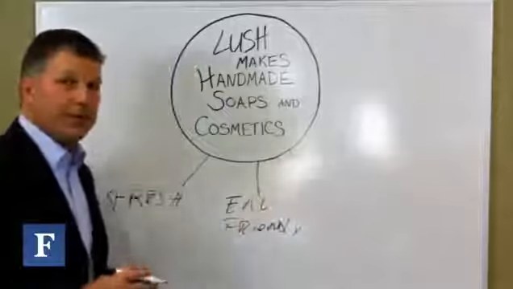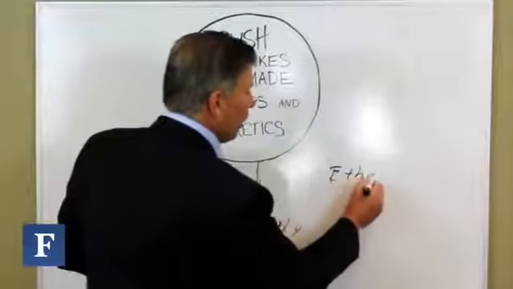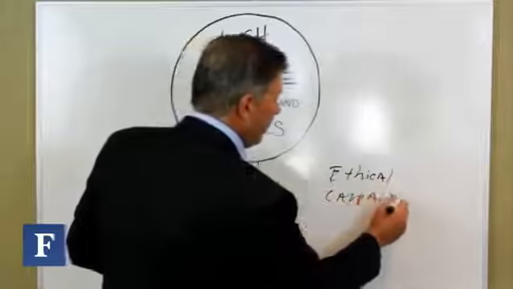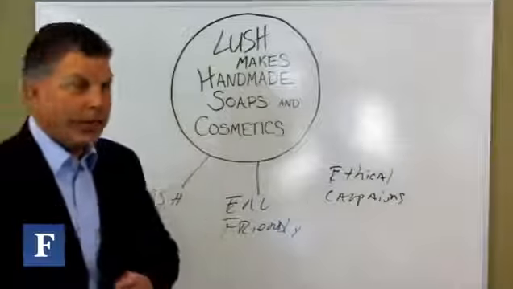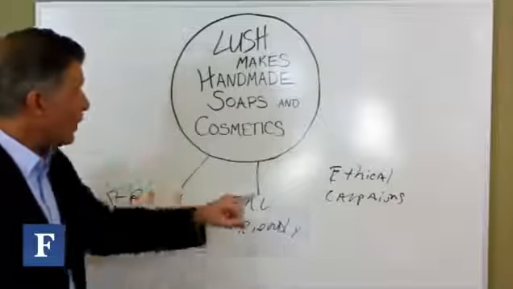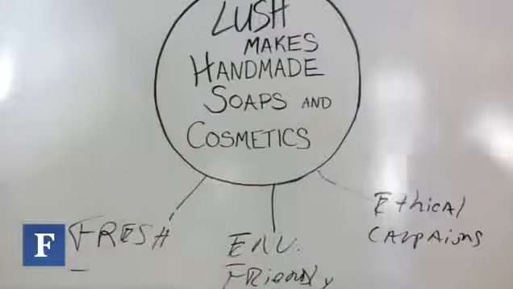And the third point is ethical campaigns. They support a lot of ethical campaigns globally and in their various communities where the locations are held. So Lush makes handmade soaps and cosmetics. There are 3 reinforcing points. They're fresh, they're environmentally friendly, and they support ethical campaigns.